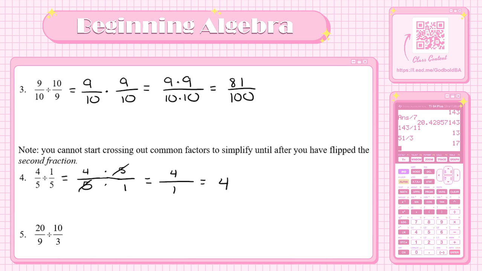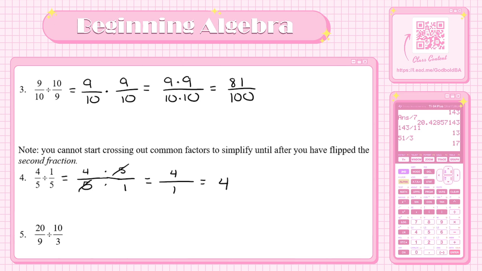Now, you might wonder why I keep writing the over 1, like 4 over 1. Why don't I just write 4? I like to write the over 1 step, at least when I first start showing students fractions, because they forget a lot that when everything crosses out, it just ends up being 4.